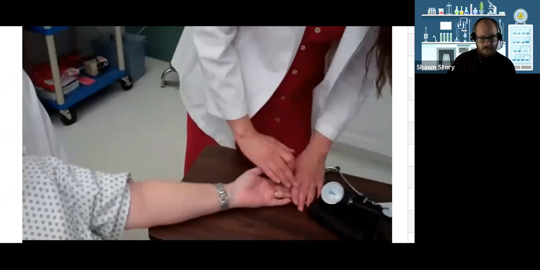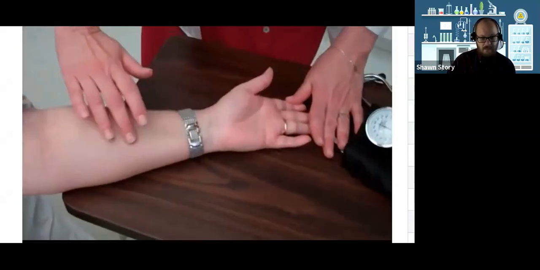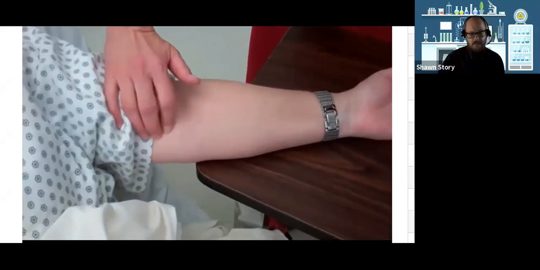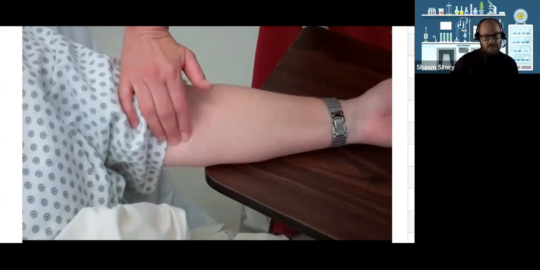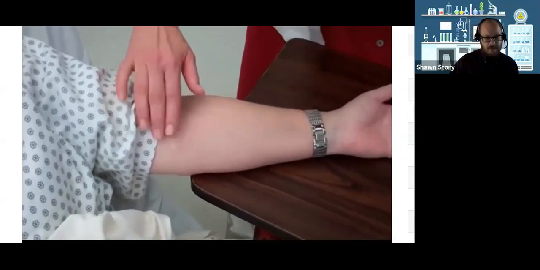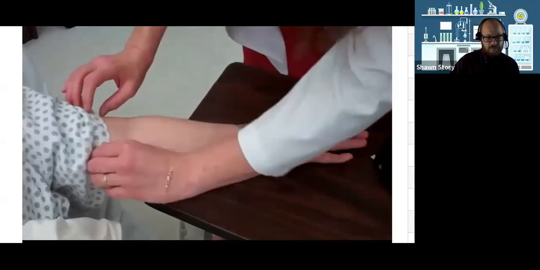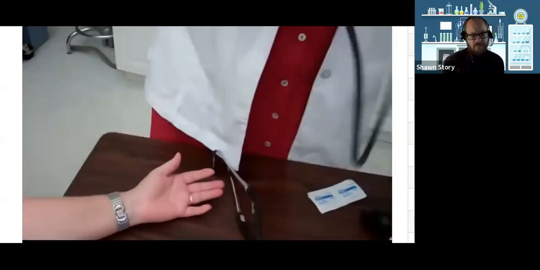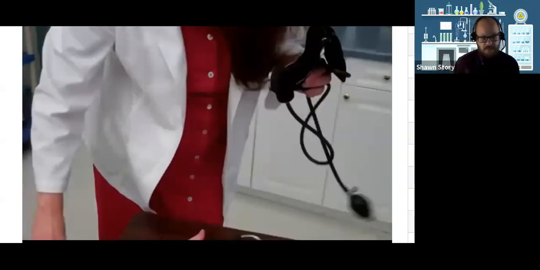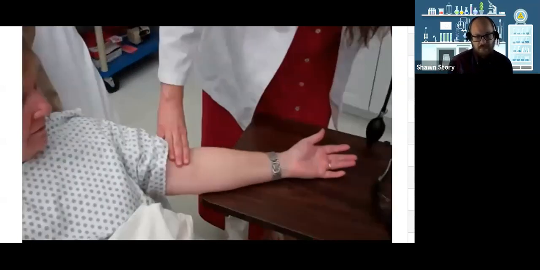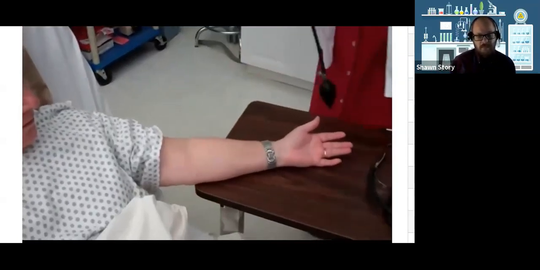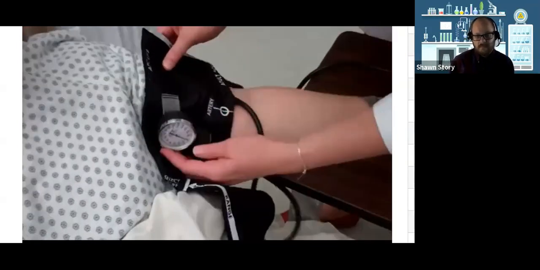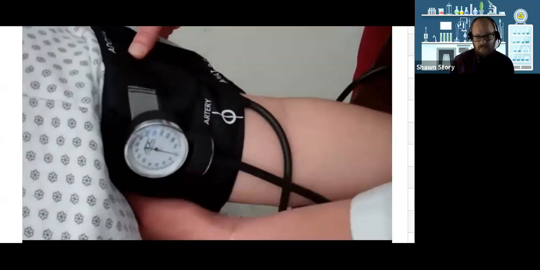I found that the easiest way is if I trace the middle finger up, veer slightly towards the pinky, and it's right there. Once I find that pulse, I need to place my blood pressure cuff approximately 3 finger widths above. I'm lining the artery line up where I first palpated your pulse.